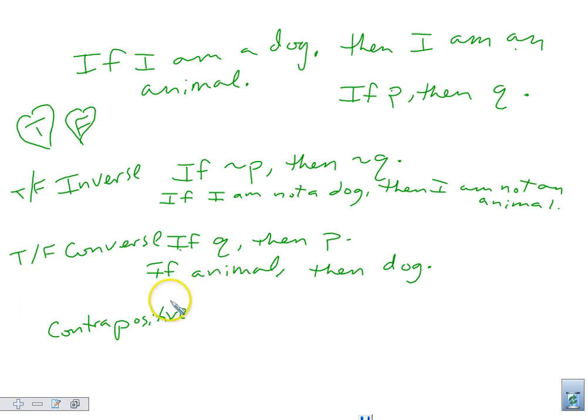The last one is contrapositive. This one is if, my goodness, this pen is acting all weird. If not Q, then not P. Right, so pause the video and say if you think this is true or false. Alright, hopefully you also wrote the example.